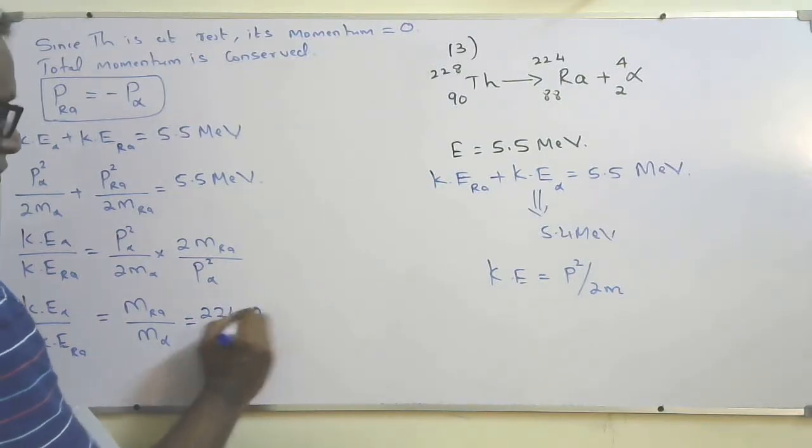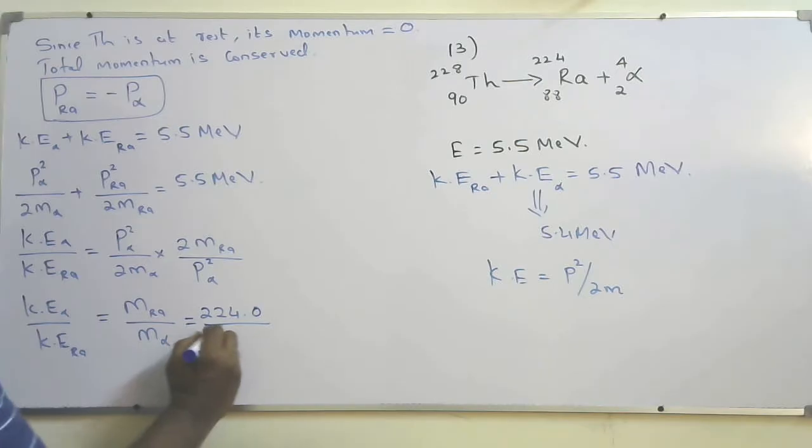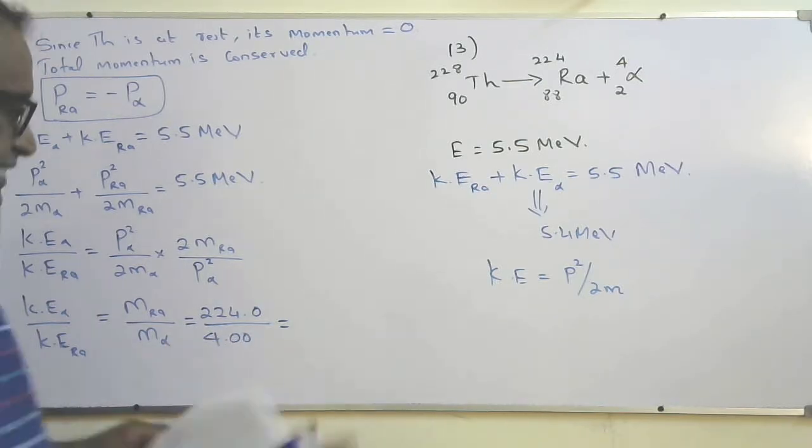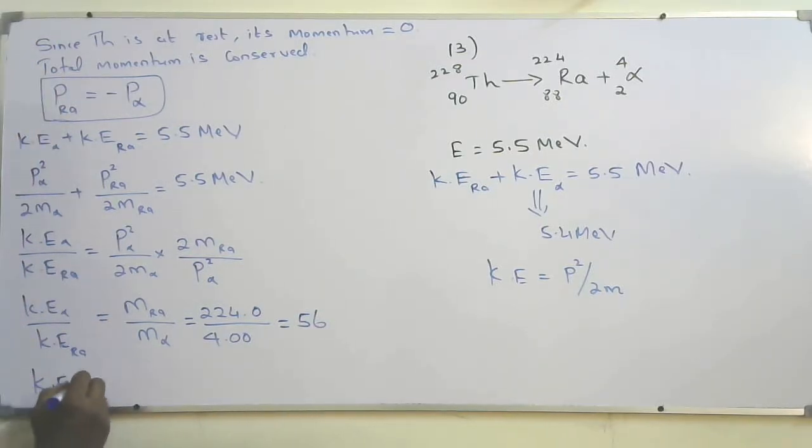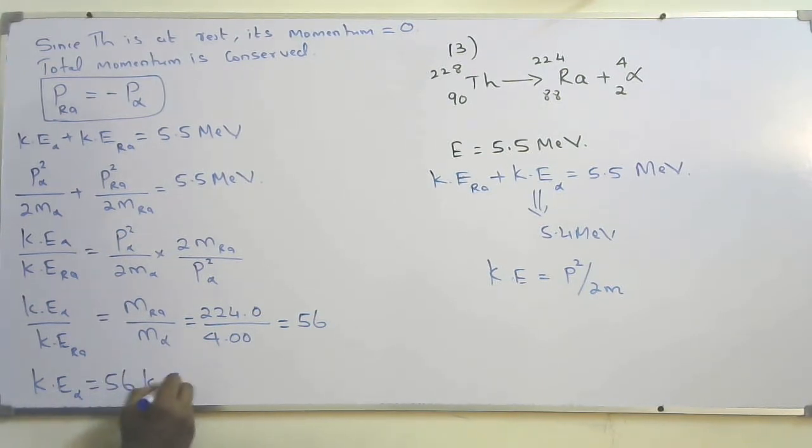The mass of radium is given in the data sheet, in the question, that is 224.020. The mass of alpha is 4.00, so the ratio is going to be 56. So the kinetic energy of alpha will be 56 times the kinetic energy of radium.